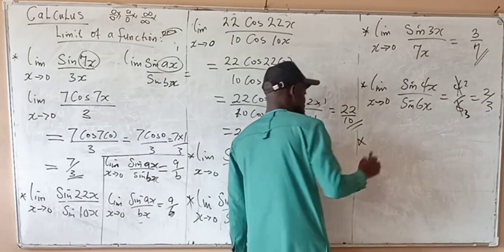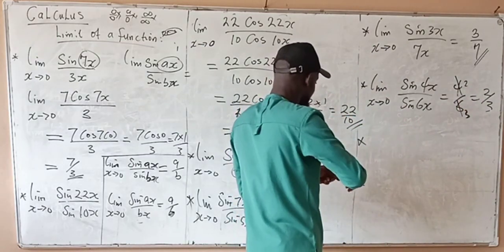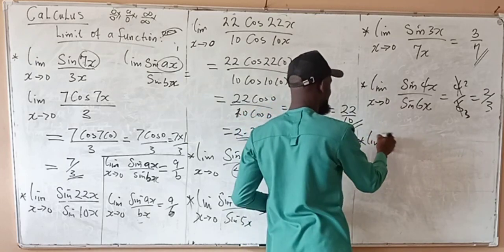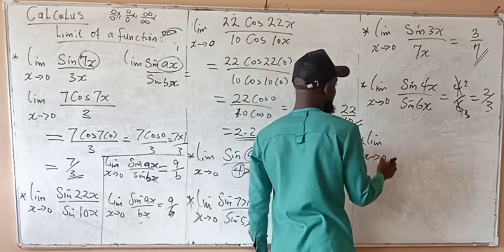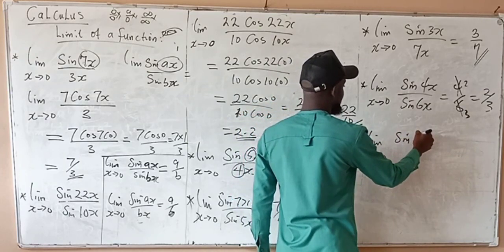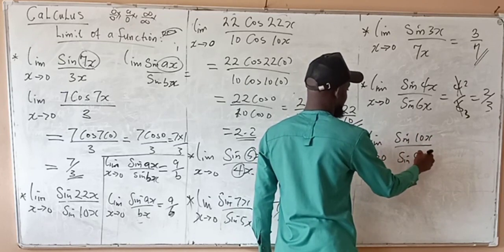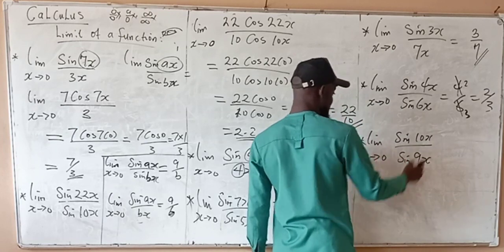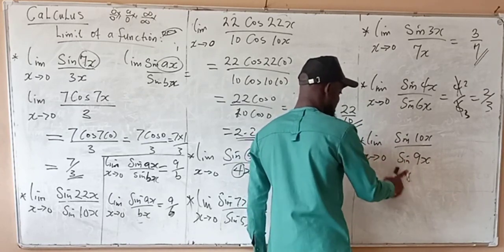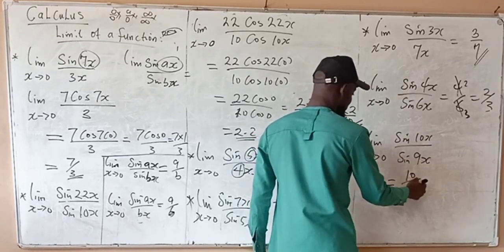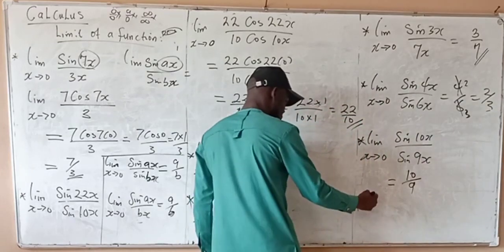Now, let's have one like this. Limit x approaches 0 of sine 10x all over sine 9x. What is going to be the answer? 10 over 9. So let's have one more.